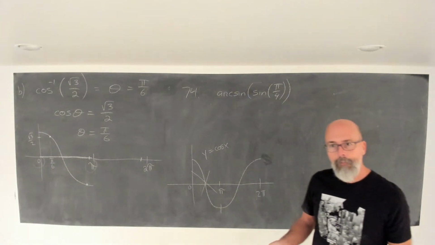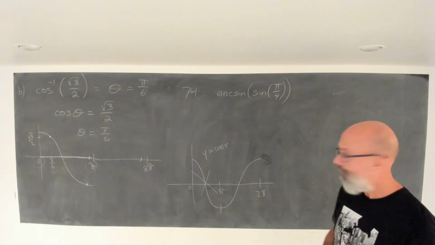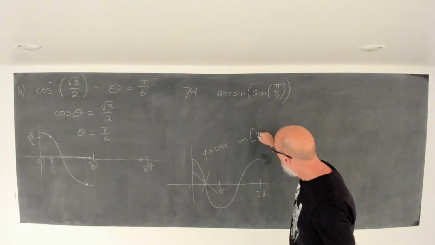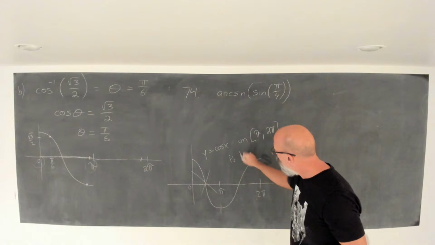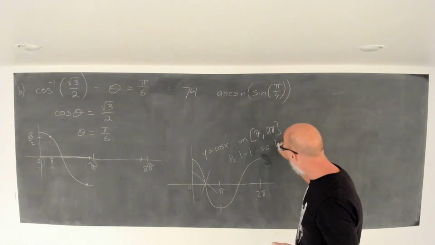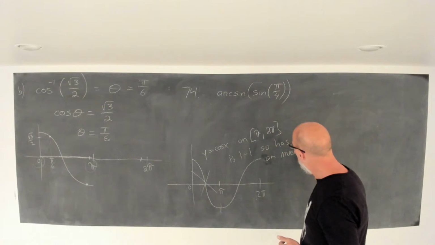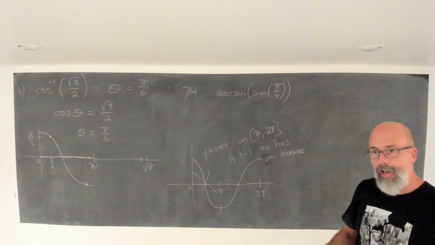Still 1 to 1, so it still has an inverse. On the interval pi to 2 pi, cosine is 1 to 1, so it has an inverse.